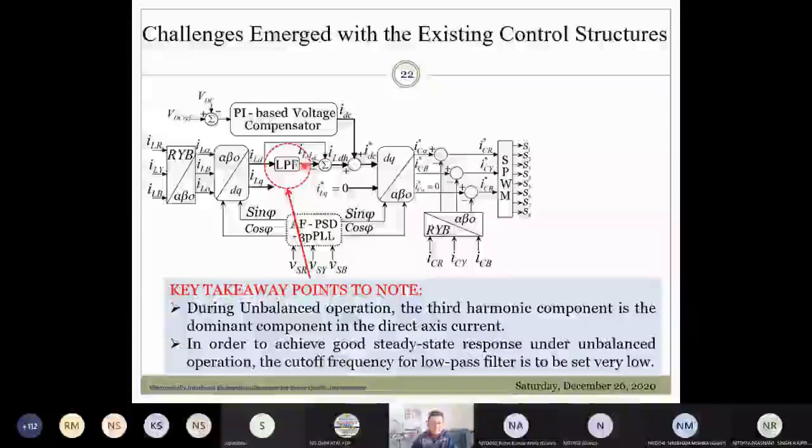So this direct axis component indicates the active component of the current, whereas this ILQ typically implies the reactive component of the current. So the operator can independently control both the active as well as the reactive component of the current.